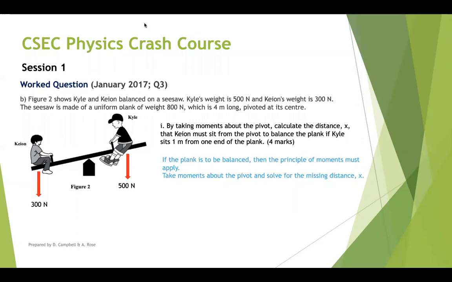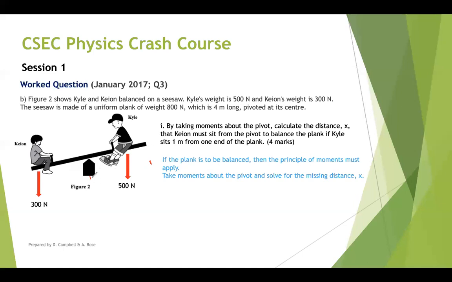So if the length of the plank is 4 meters and the pivot is at the center, the distance from the pivot to the end of the plank is going to be 2 meters. Kyle is sitting 1 meter from the end, which means that his distance would be 1 meter from the pivot.